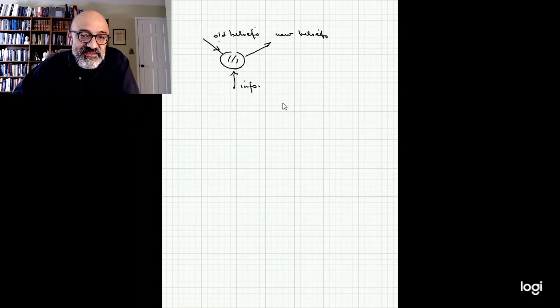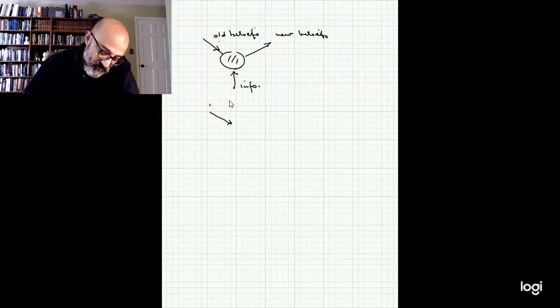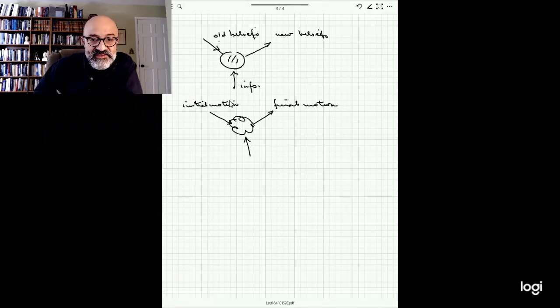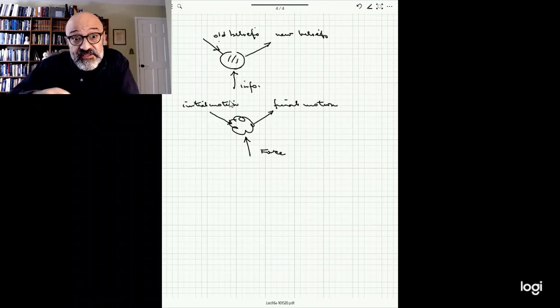The reason I find this picture, vague as it is at this moment, appealing is that if you think about what happens in mechanics, when you have an initial state of motion and something happens and the state of motion changes from an initial to a final state, whatever happened there is what we call a force. In fact, that's what Newton did.